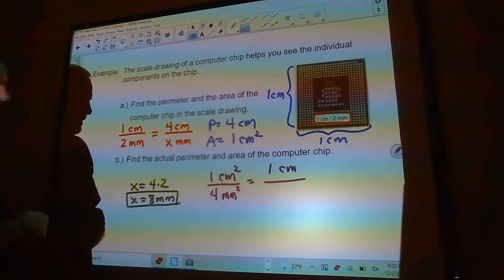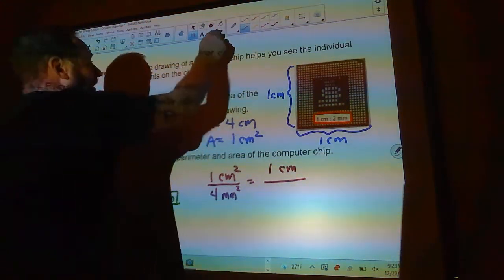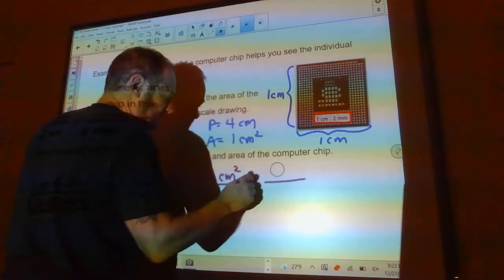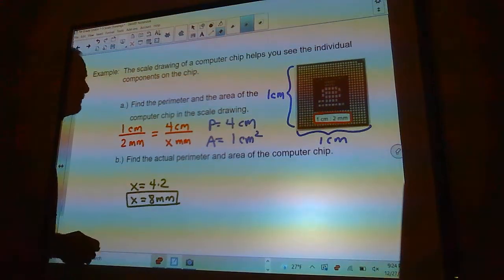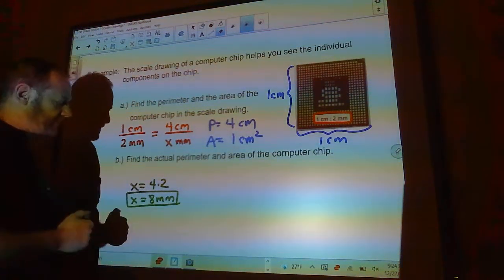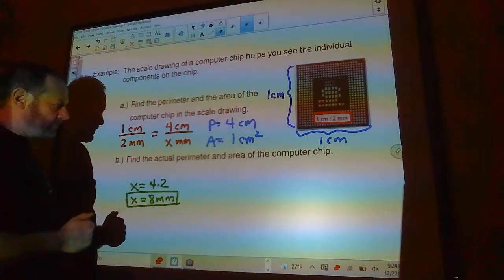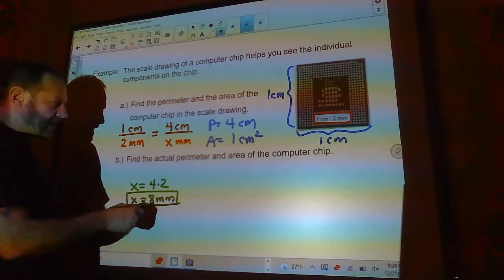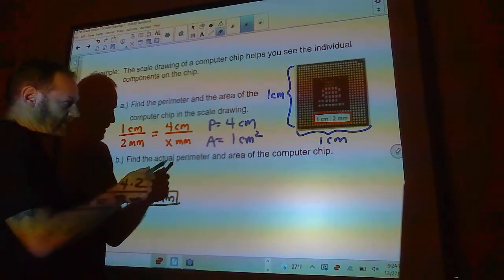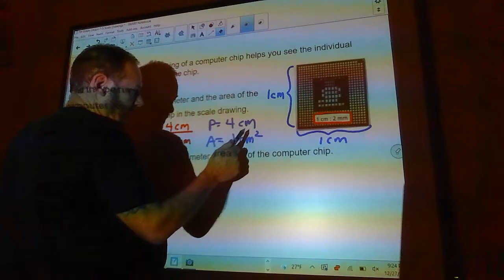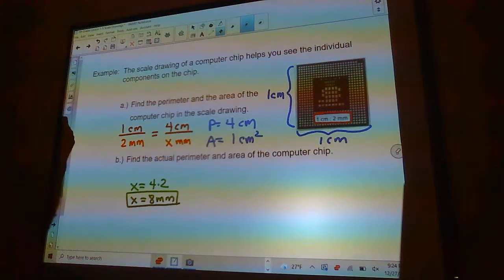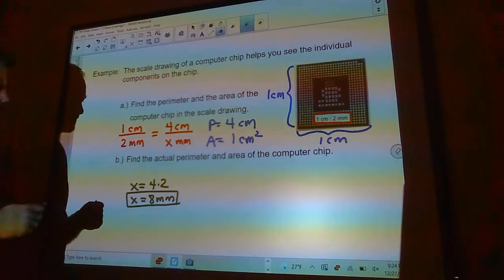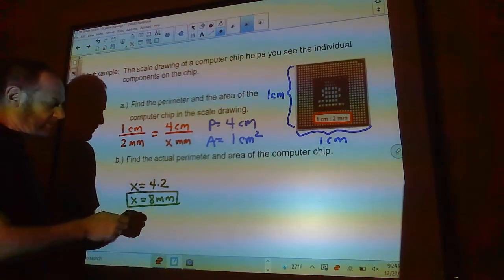How do we want to do this? I don't like doing this with a proportion. Okay, so here's the thing. Let's look at it this way. The side is 8. So the actual perimeter is 8 millimeters.